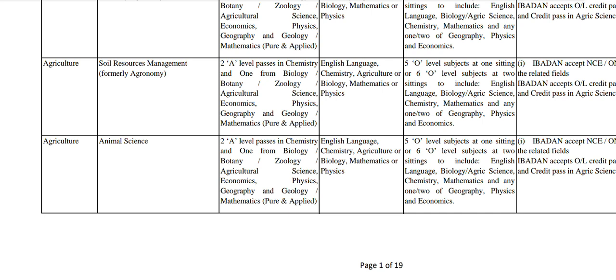That means you are applying for animal science, which you have Cambridge A level certificate. You must have chemistry and one from the rest that they have mentioned. So that means one from biology or botany or zoology or agriculture or any other subject they mention here.